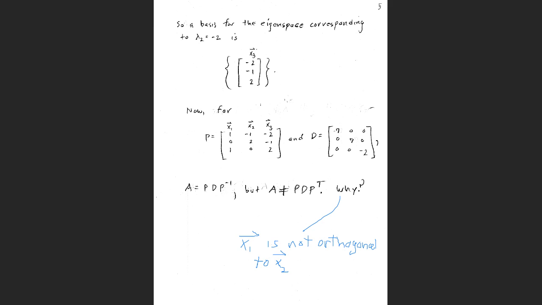So what we're going to do is make them orthogonal. But also, what else do we need to do with our vectors in the matrix P in order to orthogonally diagonalize the matrix A? What do the lengths of the vectors in the matrix P have to be?